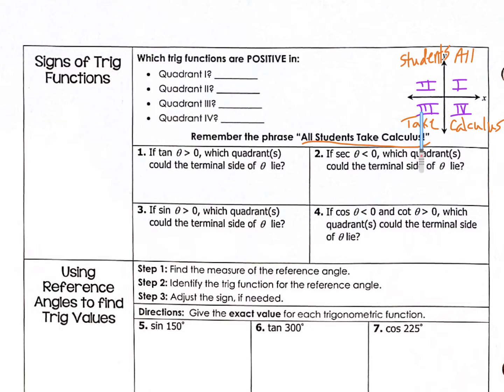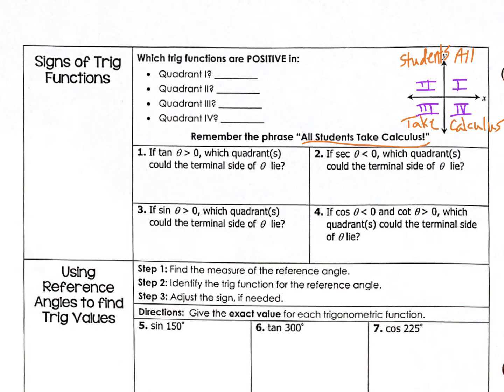And then in quadrant 3, take, oh, and I forgot to mention all means all. S means sine. And so in quadrant 3, take must mean tangent. So only tangent and its reciprocal function, cotangent, are positive in quadrant 3. And then in quadrant 4, C for calculus is cosine. So cosine and its reciprocal function, which is secant, are the only ones that are positive.